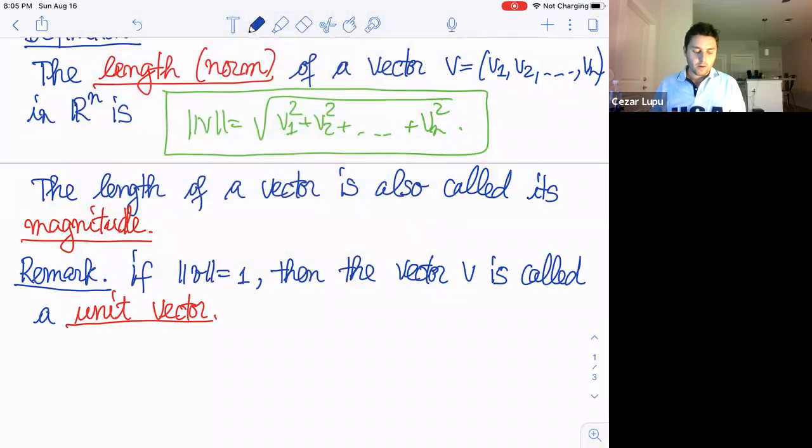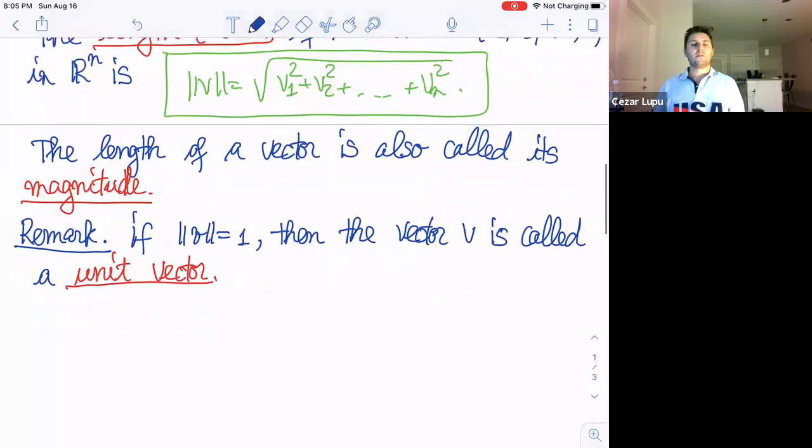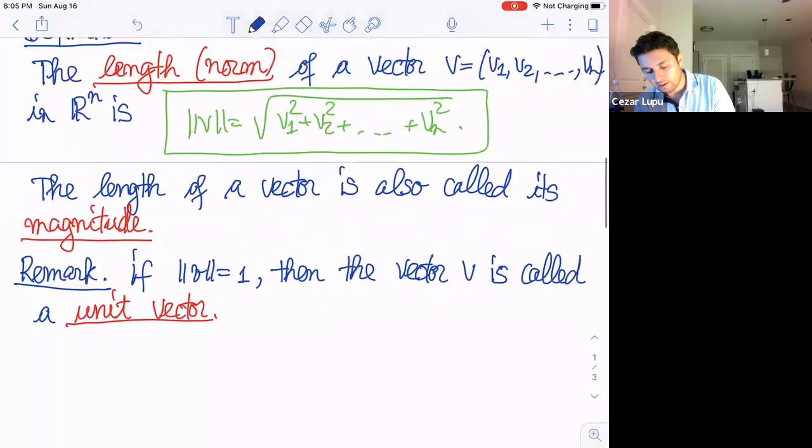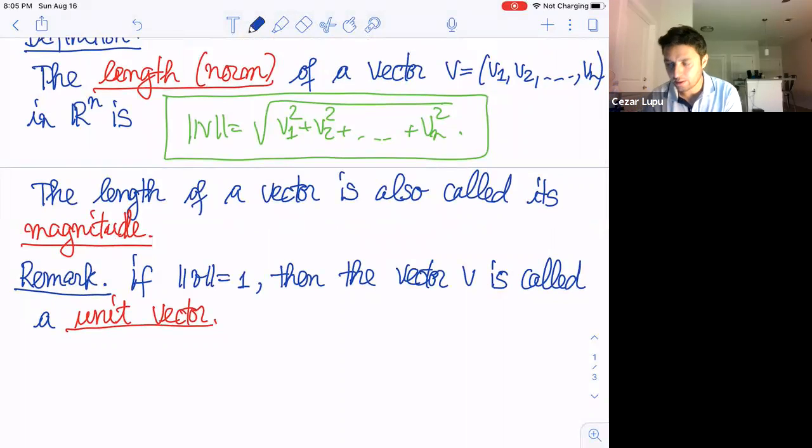Okay, now let's see some examples. But before we see some examples, I want to point out another thing. Clearly, by the definition, as you can see here in green, the length of a vector will always be a non-negative number.